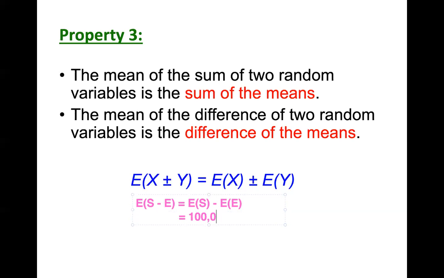And $100,000 was the average salary and $60,000 was the average expenditure. So that means the average savings for San Marino high school teachers would be $40,000. All right, you can buy a Tesla with that. Okay. And that is your last property when it comes to means.